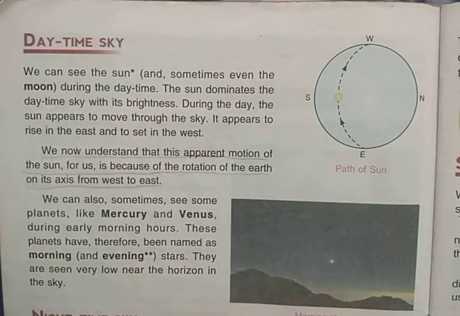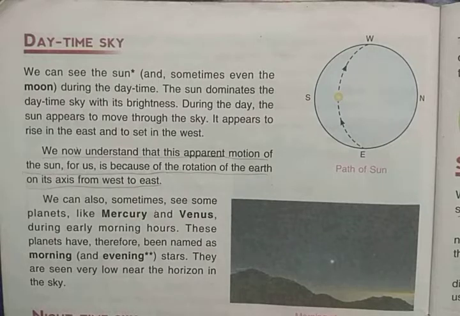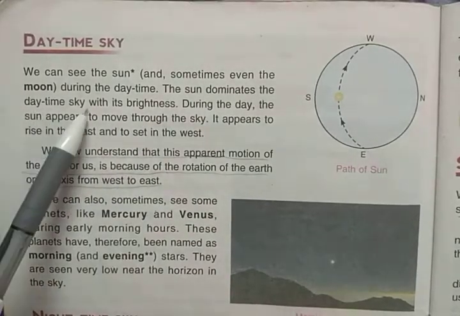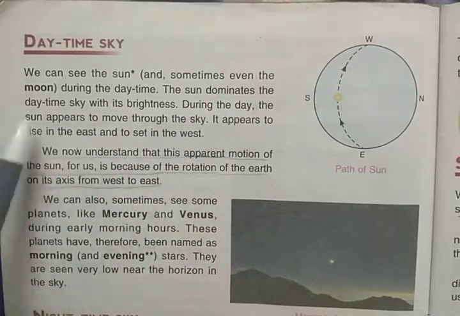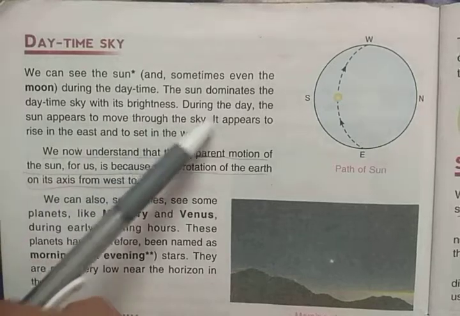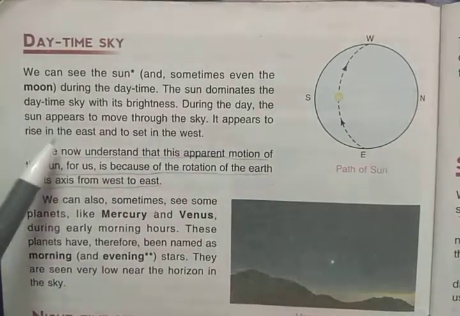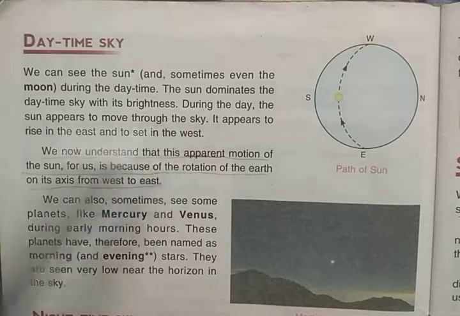So during daytime the sun dominates the sky, right? We can see the sun during the daytime and it dominates the daytime sky with its brightness. During the day the sun appears to move through the sky, rising in the east and setting in the west.